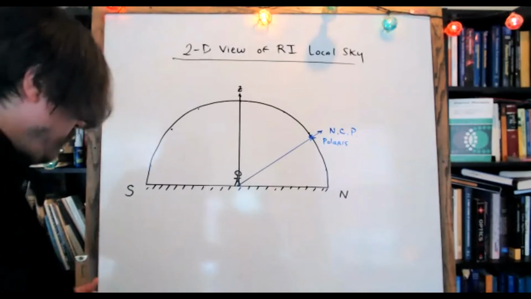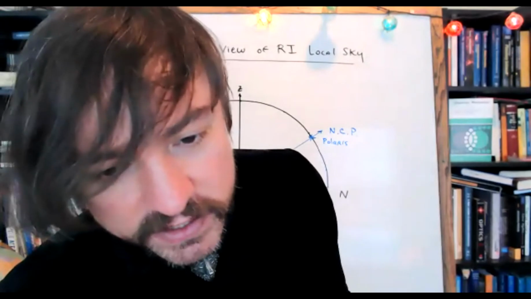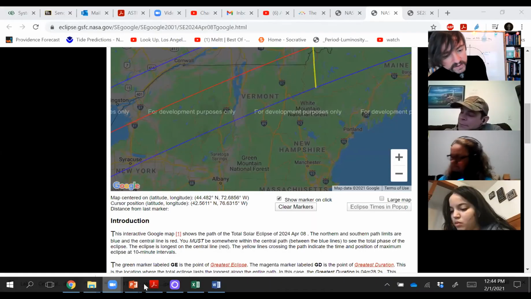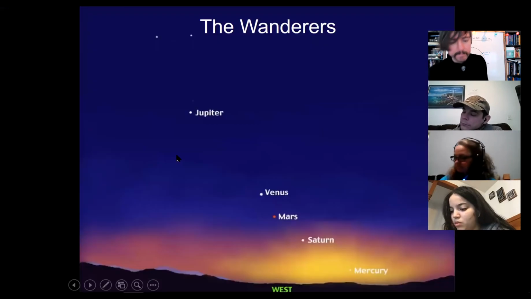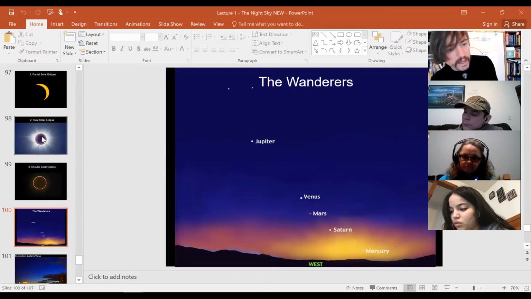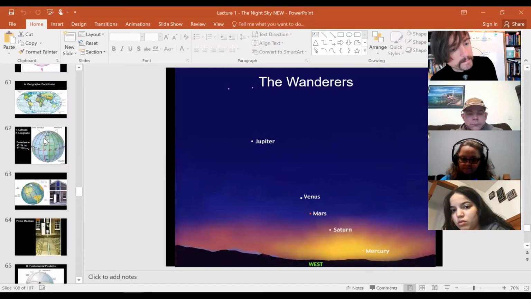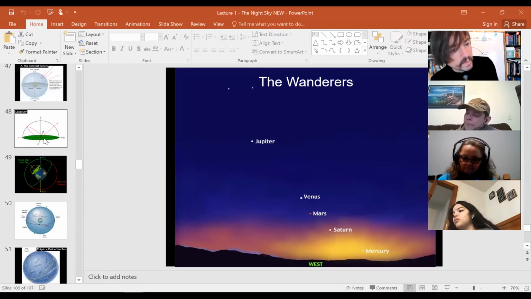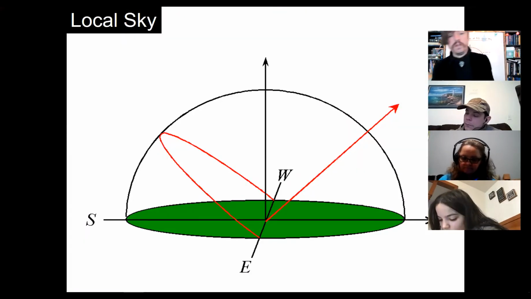Now, drawing the celestial equator is a little more difficult because we're drawing a north to south cross section. And I want you guys to look at a picture of the local sky again here. Slide 48. Notice that if we're making a north to south construction, the celestial equator is a little goofy because it's running from east to west.